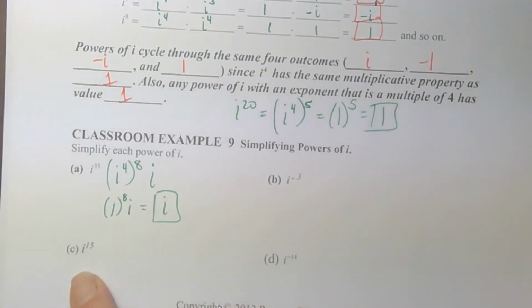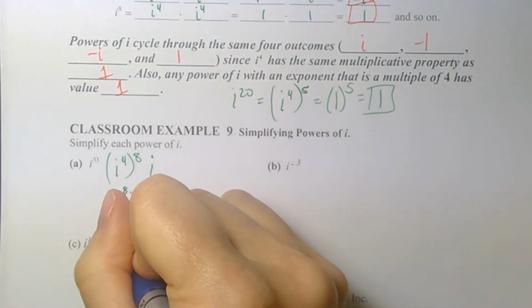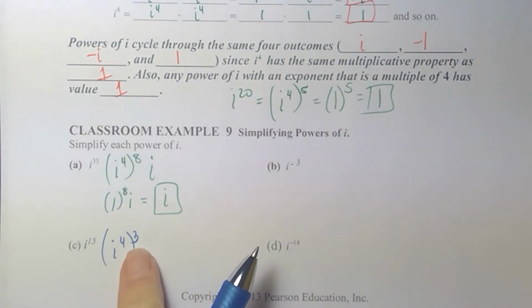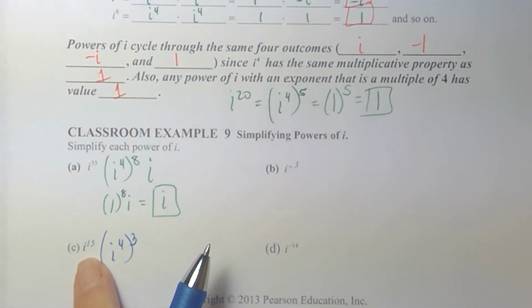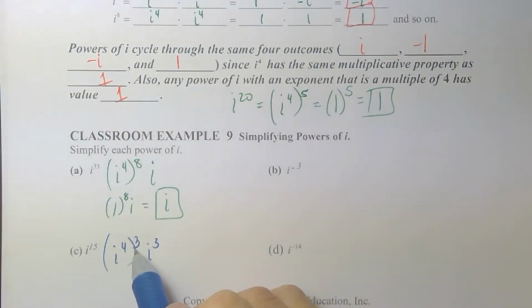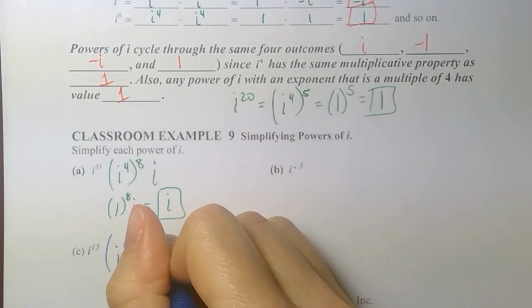i to the 15th. How many times do I have i to the 4th in i to the 15th? Well, 4 times 4 is 16, so I can go 3 times. 4 times 3 is 12, which leaves me with i cubed left over. This piece is just 1 because i to the 4th is 1 and 1 cubed is just 1.